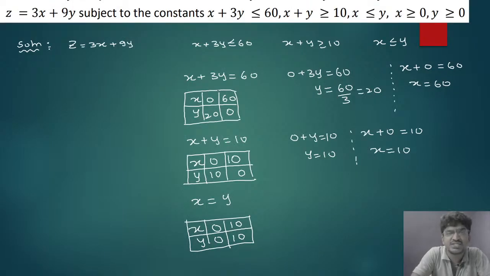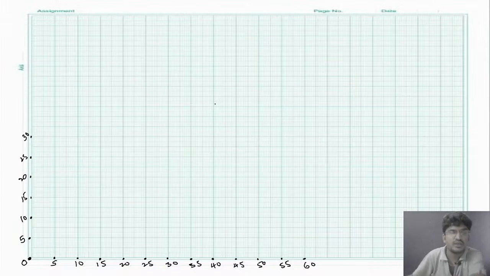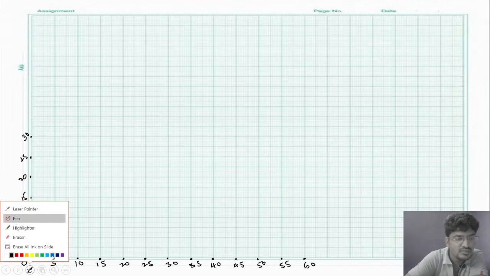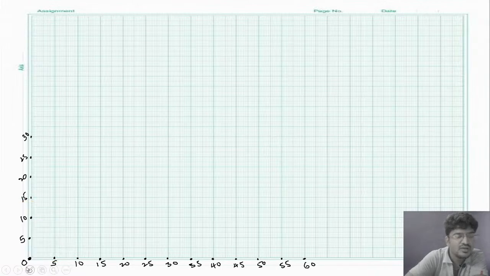The first line is x plus 3y equal to 60. This is our first line, x plus 3y equal to 60. X is 0, y is 20. So take x is 0, y is 20.